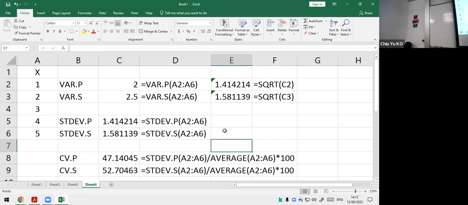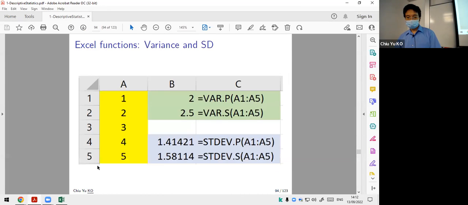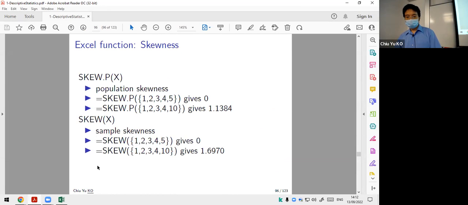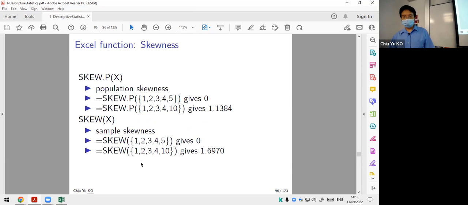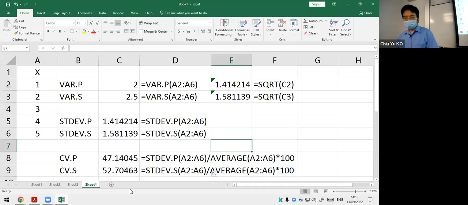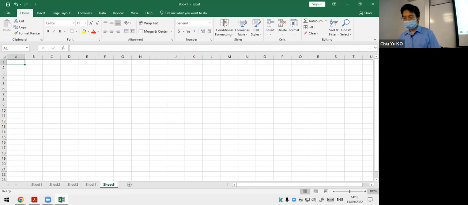Lastly, I want to show kurtosis and skewness. Skewness has two versions, population and sample, and kurtosis only has the sample version, the sample excess kurtosis. So let me open another one.